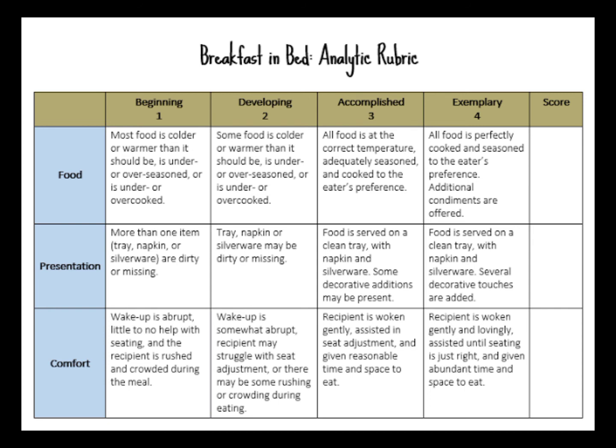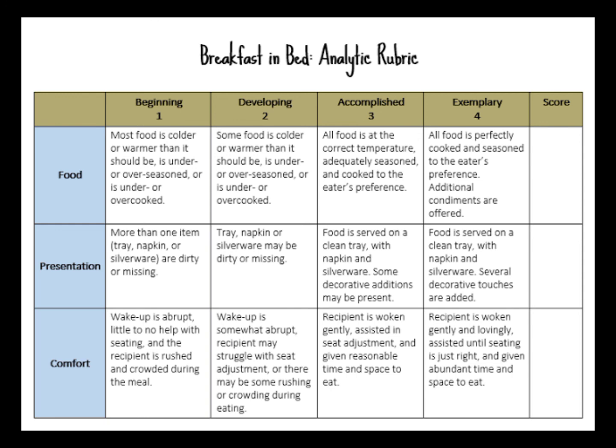Accomplished or 3, food is served on a clean tray with napkin and silverware. Some decorative additions may be present. Exemplary or 4, food is served on a clean tray with napkin and silverware. Several decorative touches are added.